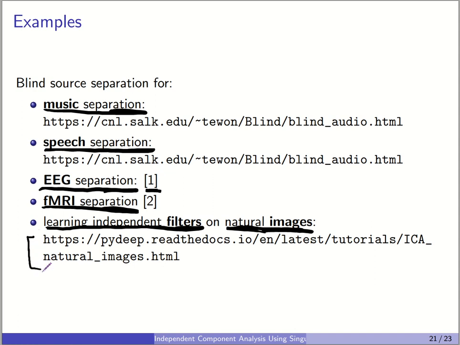If you go to this website, you'll see that they have learned some filters which are almost statistically independent, and they have found that the filters learned by ICA are edge detectors, which is very interesting. The different edge detectors that they have found are detecting different kinds of edges in the image.